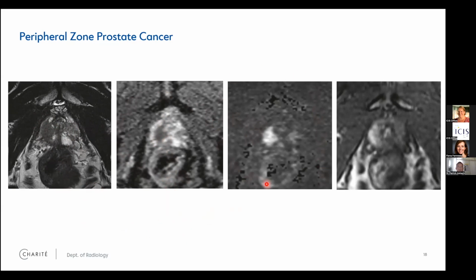Mirroring this on the high B value image, you see bright signal intensity in the lesion at the right apex of the prostate. And on the right, you see the DCE image again, and you can see that there is focal early contrast enhancement. So this case is a 15 millimeter PI-RADS 5 lesion in the peripheral zone at the apex.